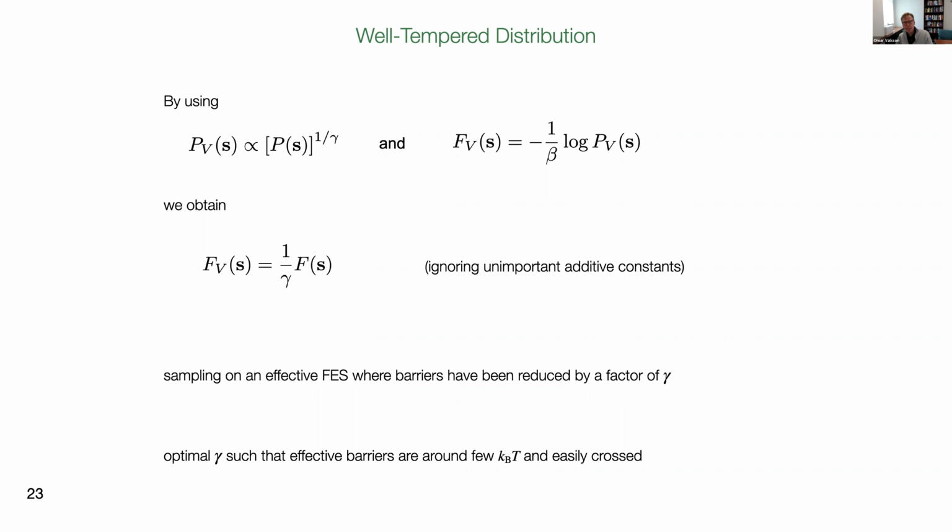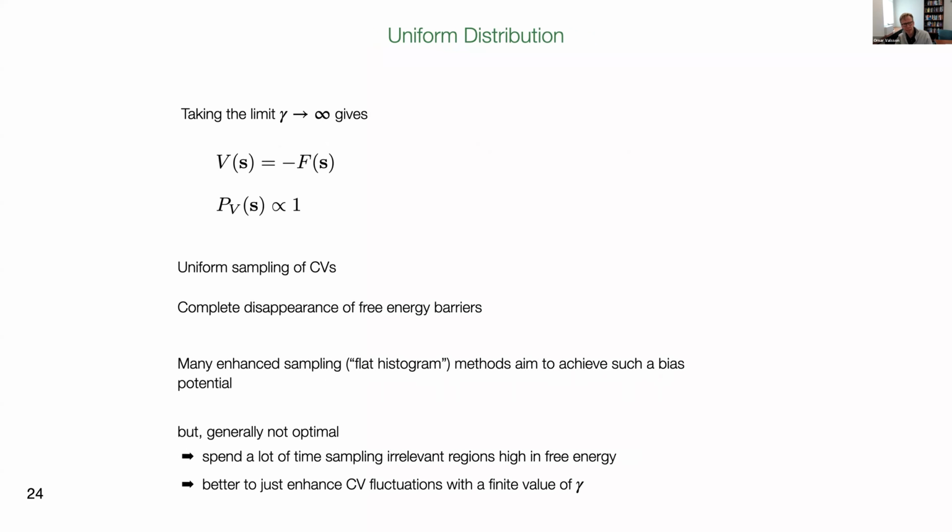So this is how you can think of this well-tempered distribution: that you're either enhancing the fluctuation of the CVs, or you're reducing the barriers on the effective biased free energy surface. And then, of course, you can take the limit gamma goes to infinity, and then you would get directly that the bias is just the negative free energy surface, and you get a flat histogram or a uniform sampling of the CVs.